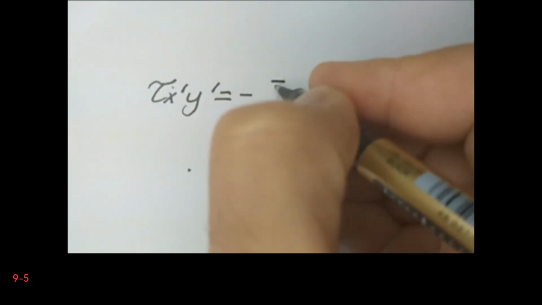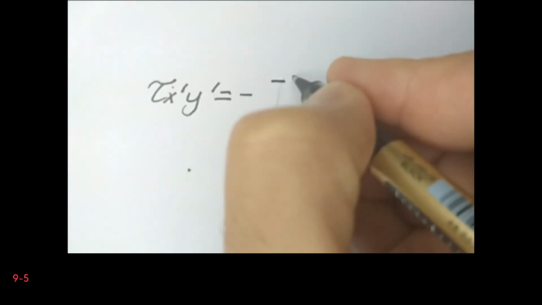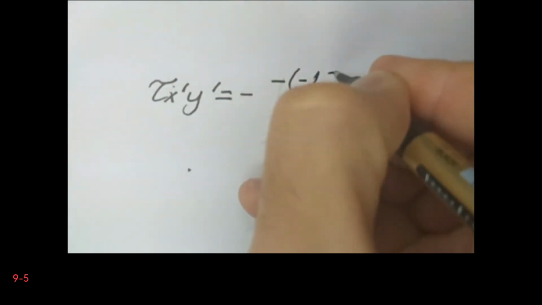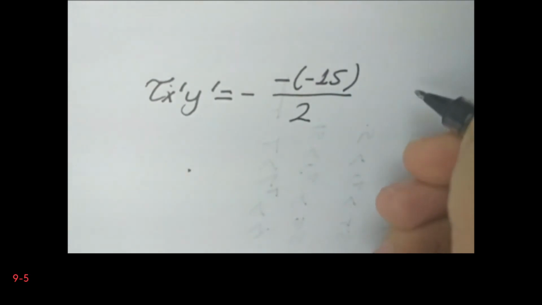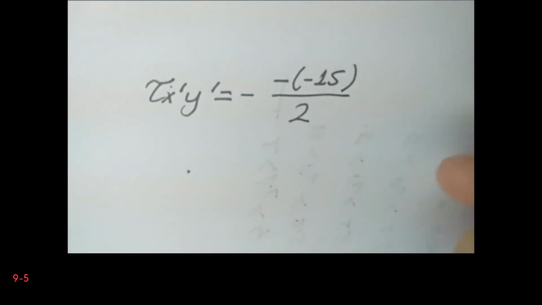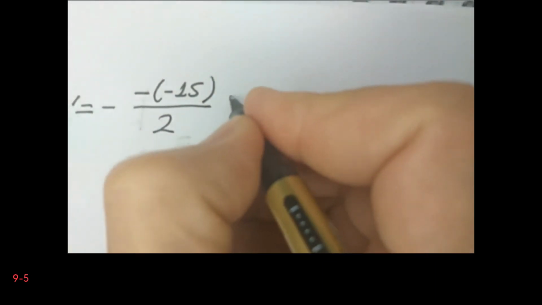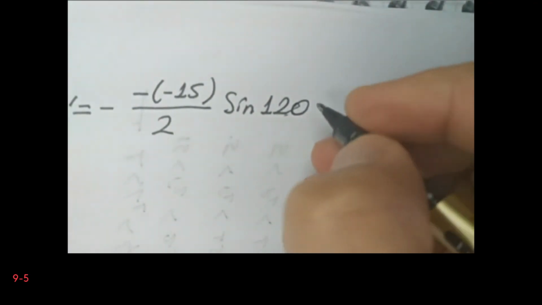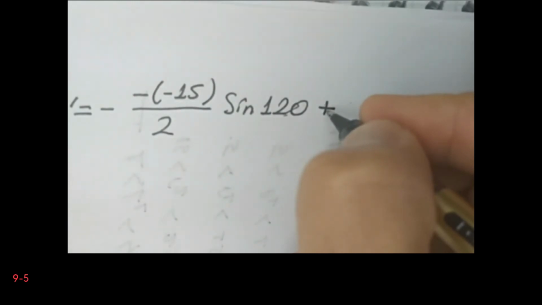The value of sigma y is minus 15, divided by 2, sine 120, plus tau xy.